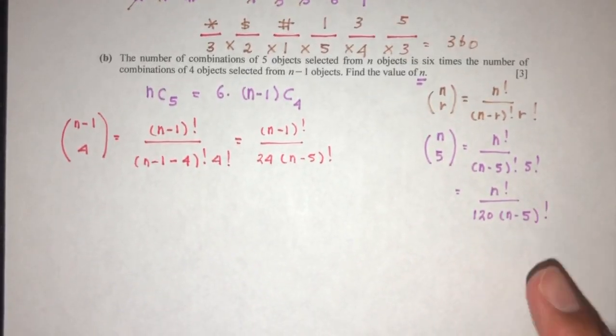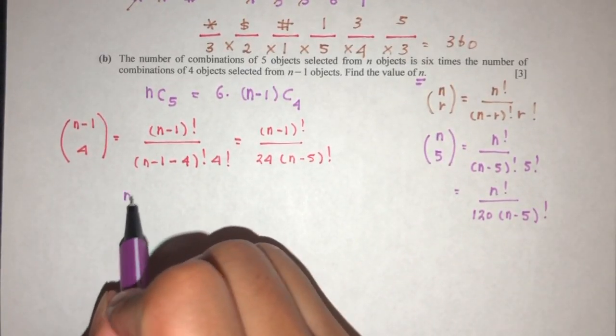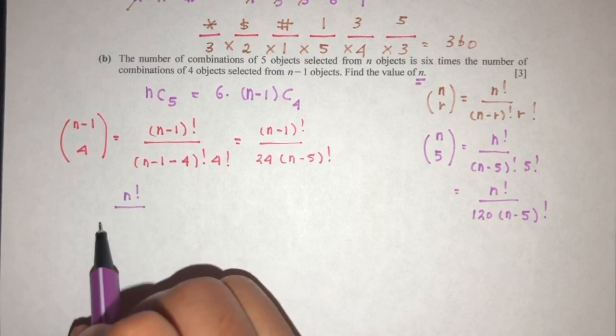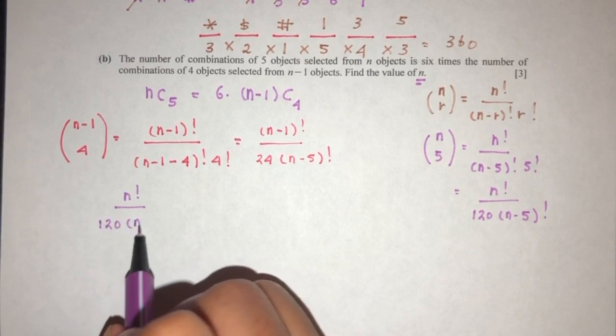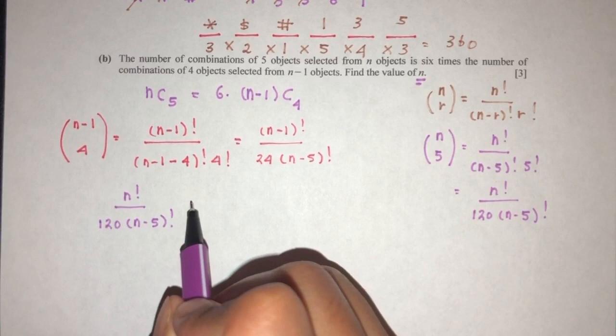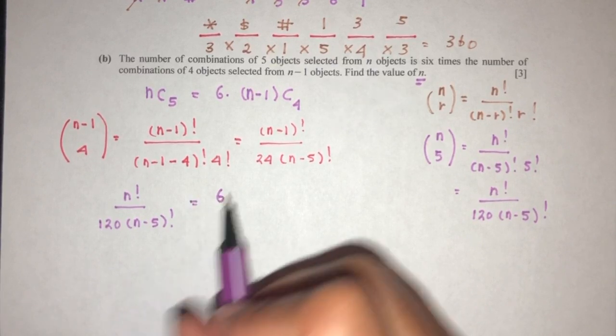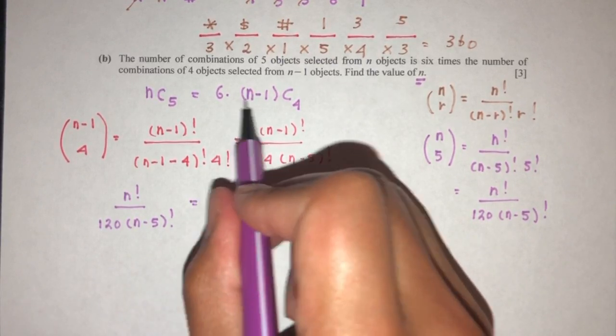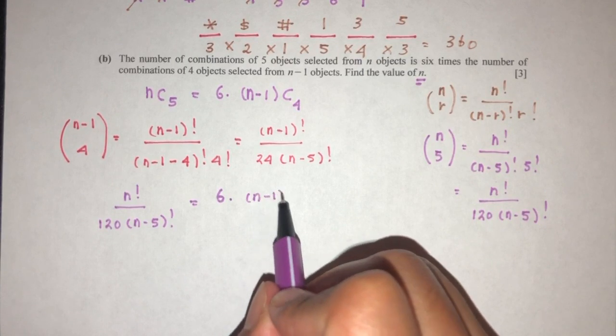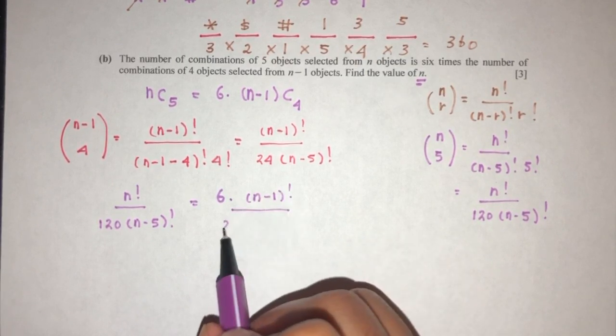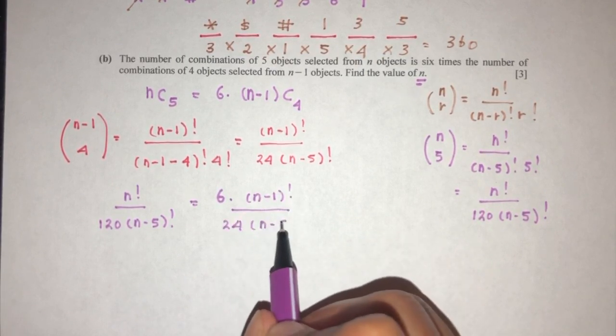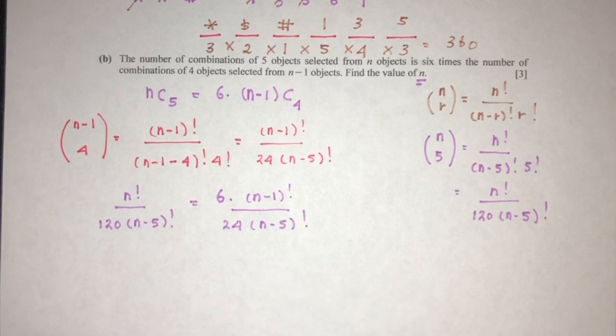So on the left hand side you will have n factorial over 120 times (n minus 5) factorial is equal to 6. Here we have times (n minus 1) factorial over 24 times (n minus 5) factorial. Now simplify for the value of n.